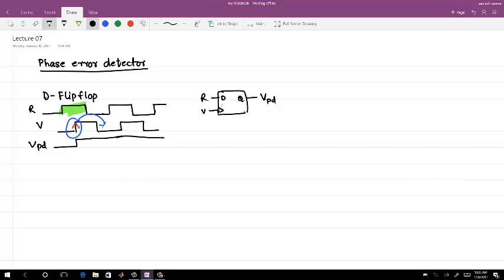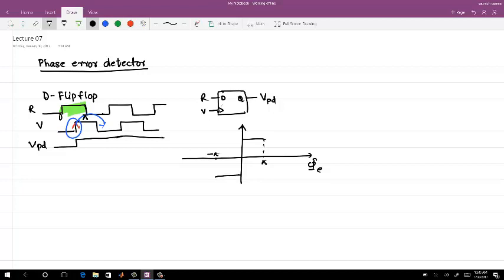So if I want to plot the input output characteristics of this kind of phase error detector, this is phi error. Till the time you are between 0 to pi, it's all positive on this side, and it's negative, negative meaning low here, which I am using as -1.